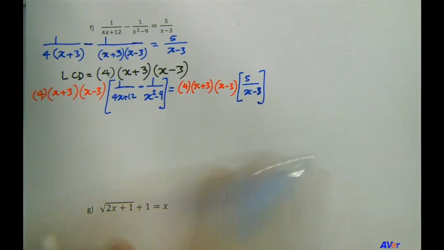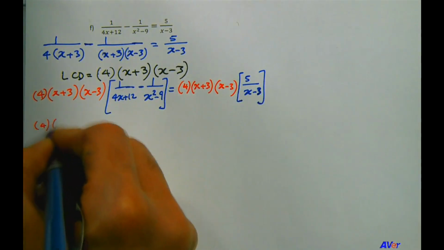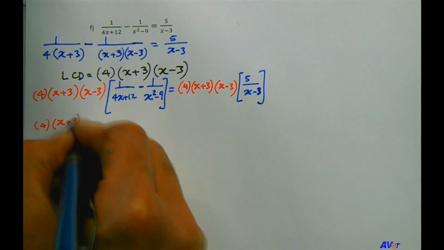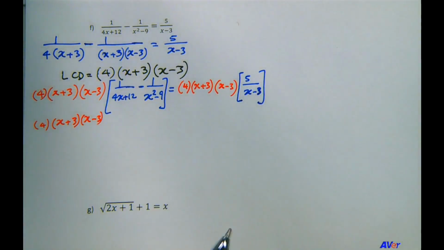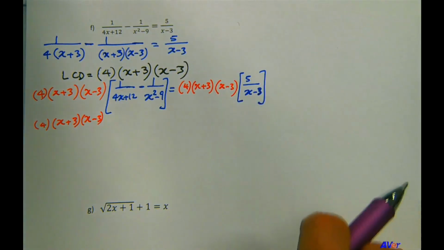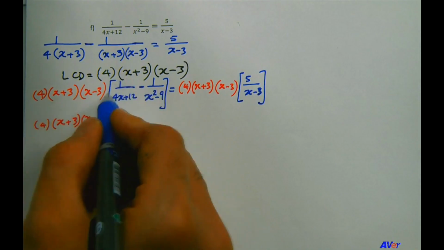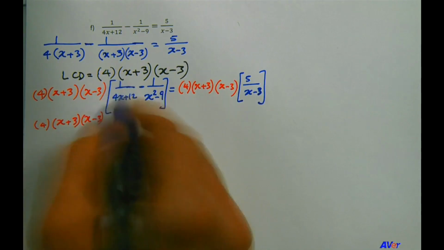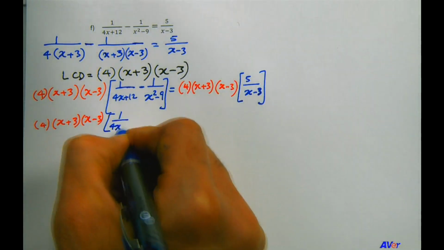Let's just distribute. So we have 4 times x plus 3 times x minus 3. Sorry for writing so small, but I'm trying to fit all the solution in the space I have. Times, we're distributing right now, right? Distribute that to the first fraction, so times 1 over 4x plus 12.